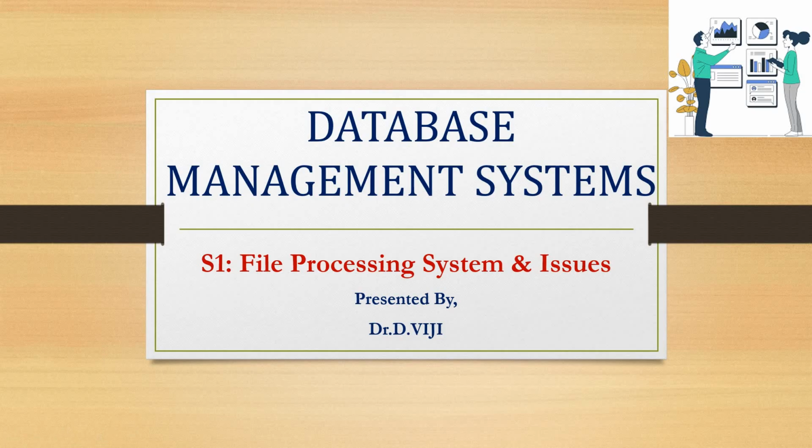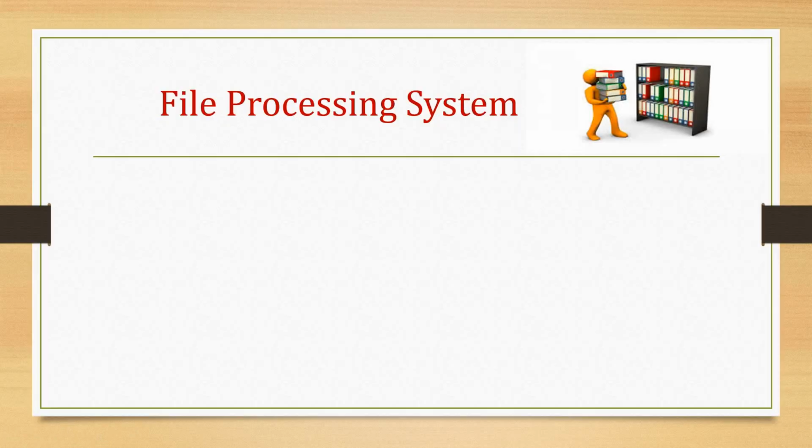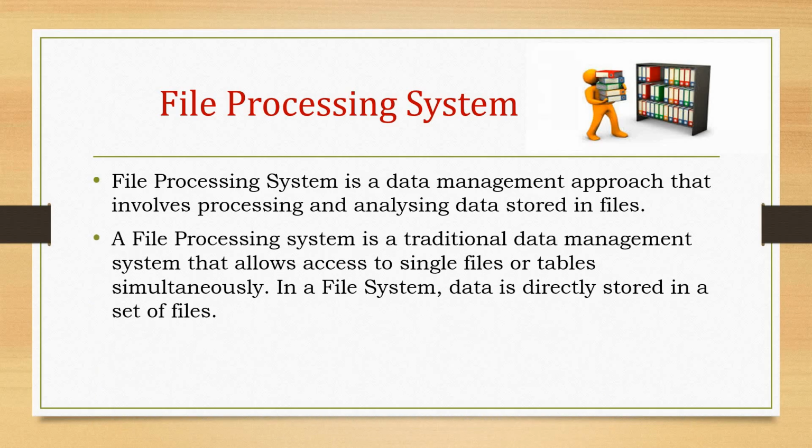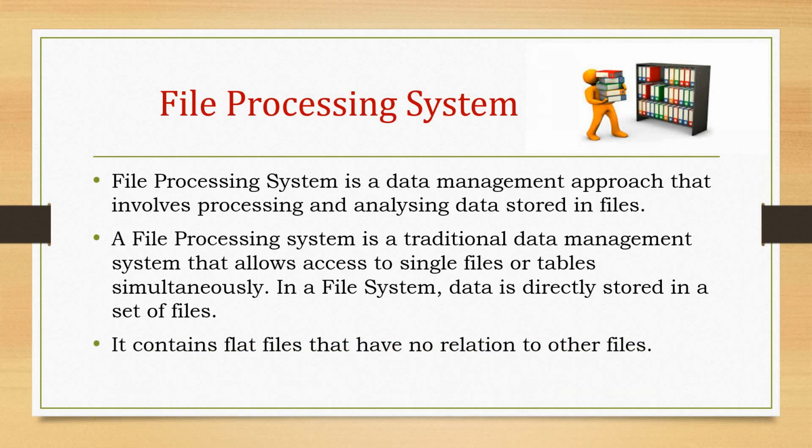The file processing system method is also called a flat file system. What is meant by a flat file system? Here we can't maintain any relationship between one data and another, and so we can't do processing and analysis.